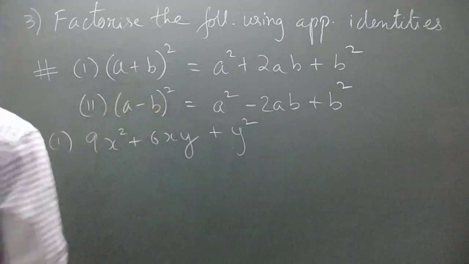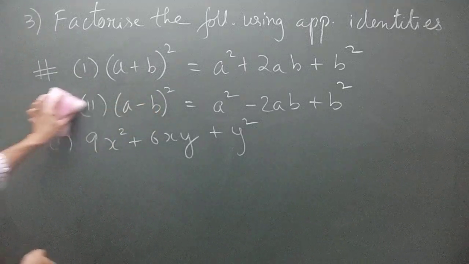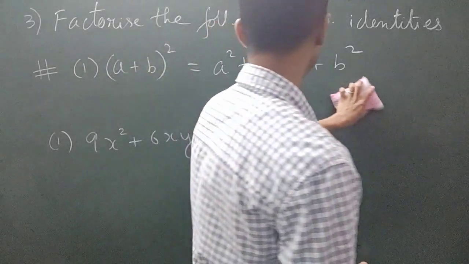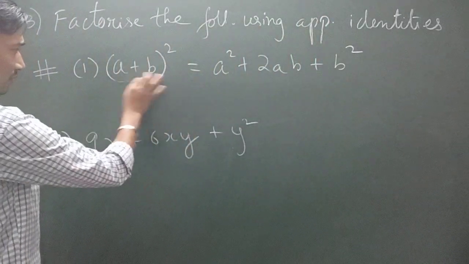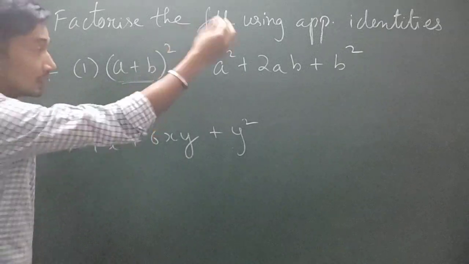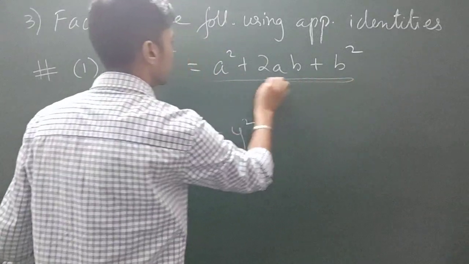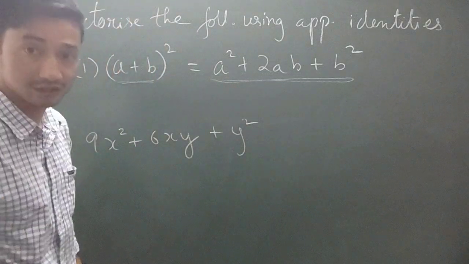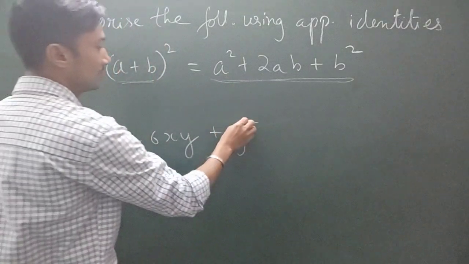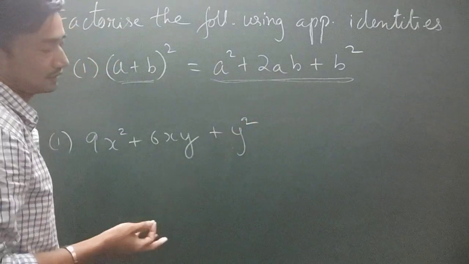I'll rub this part, okay? Just no distractions. So, this is not written in this form. In fact, it is written in the other form. Of course, we can't say, maybe some other identity also, but it looks like that.